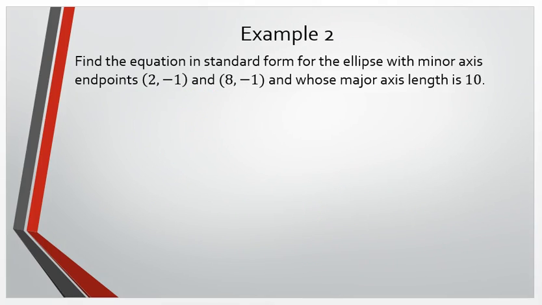Okay, here's another example. This one's going to be a little bit trickier because now I'm not centered at the origin. They gave me an ordered pair, so I'm going to start off by finding the center. So again, take the x's, add them up, and divide by 2 because that's how many numbers I added. Then take the y's, add them up.